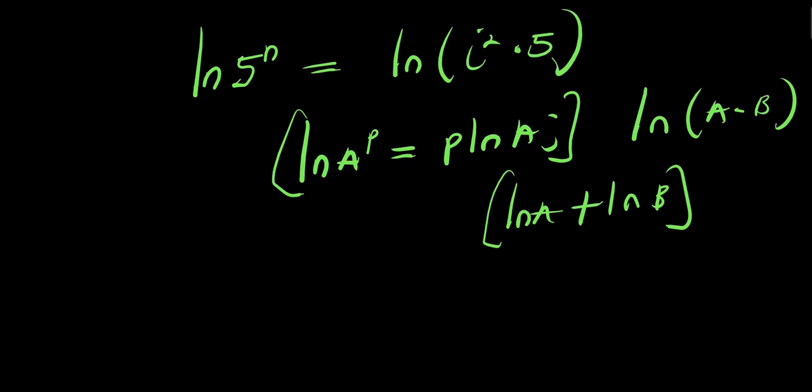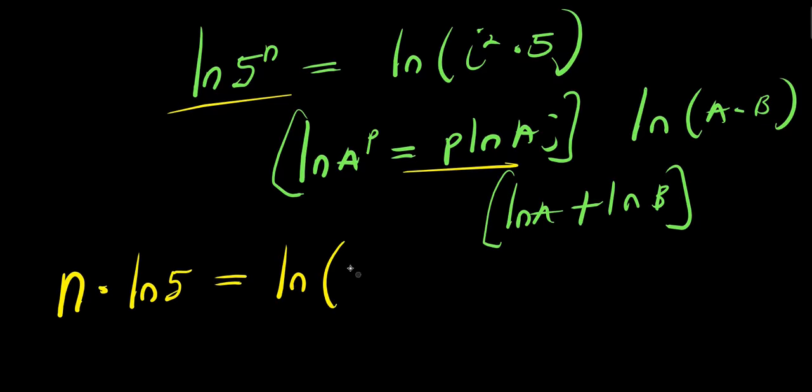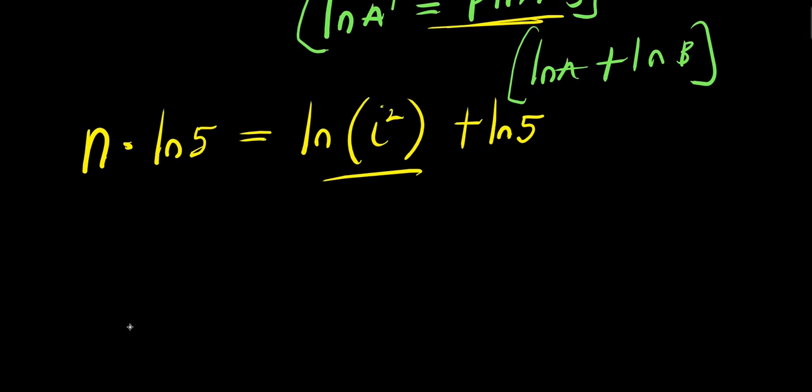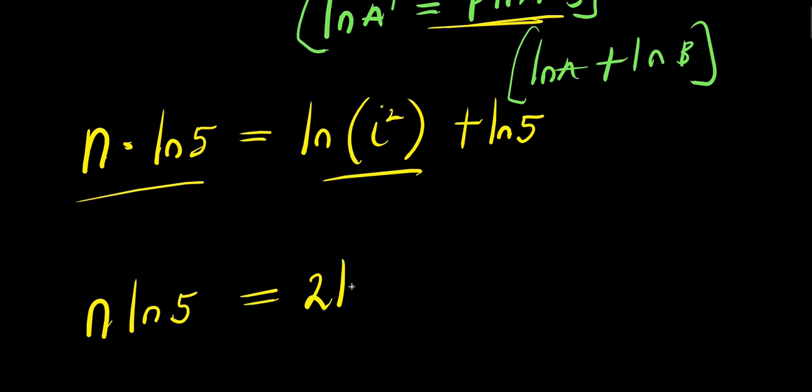So from here, applying this identity here, we have n times natural log of 5 equals natural log of I power 2 plus natural log of 5. And applying this right here, we have n times natural log of 5 equals 2 times natural log of I plus natural log of 5.